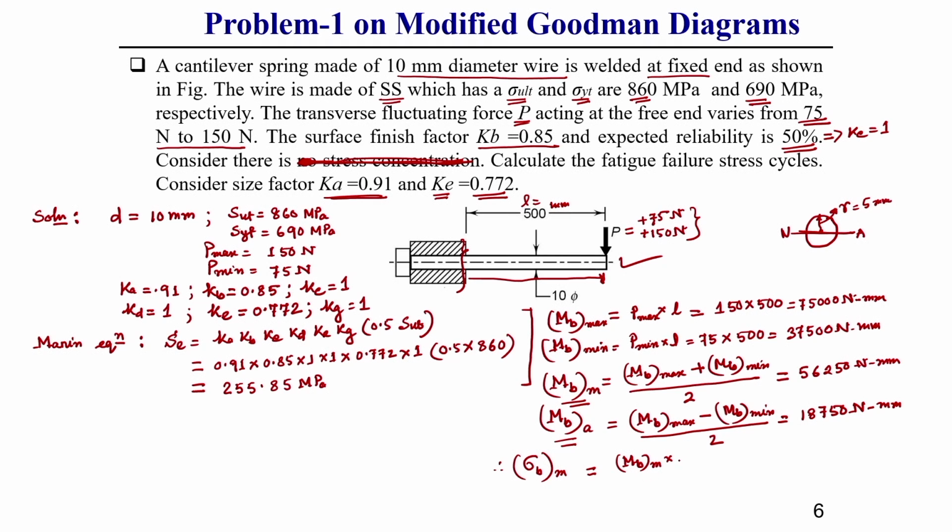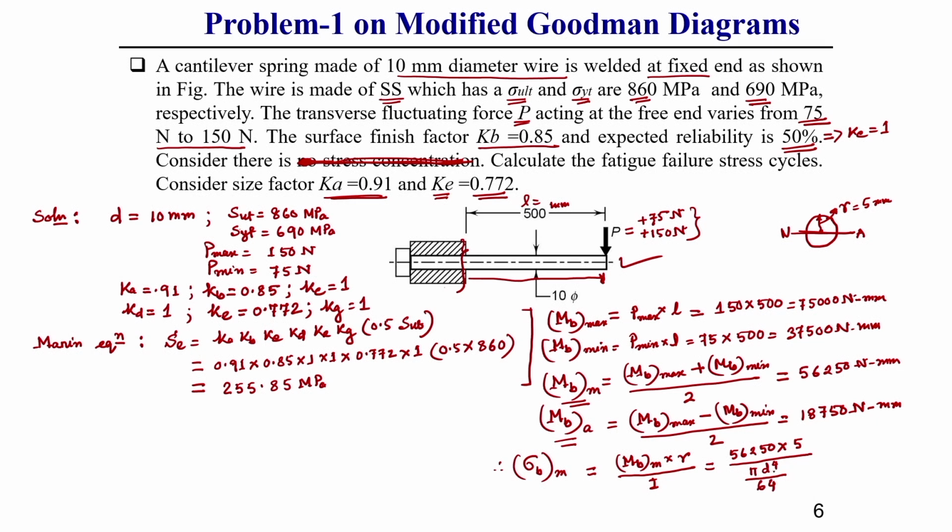So, sigma m is MB into r divided by I. Here MB is already found, 56250, and r is the distance from neutral axis to outer furthest distance, that is 5 mm, and I here will be pi d to the power 4 divided by 64. We know these things.